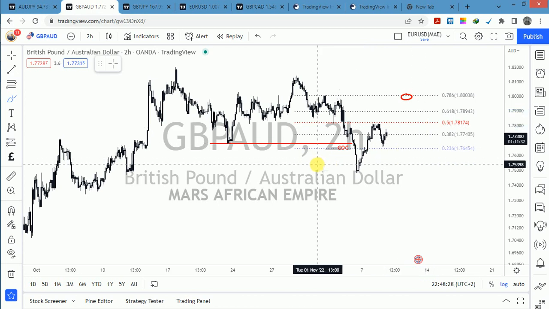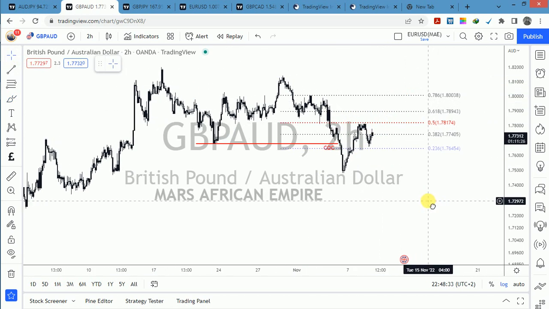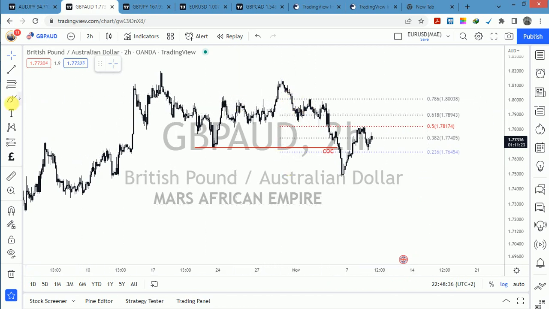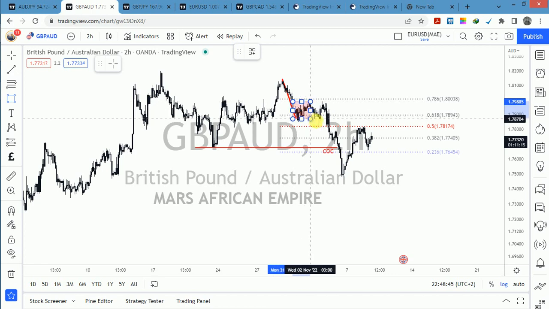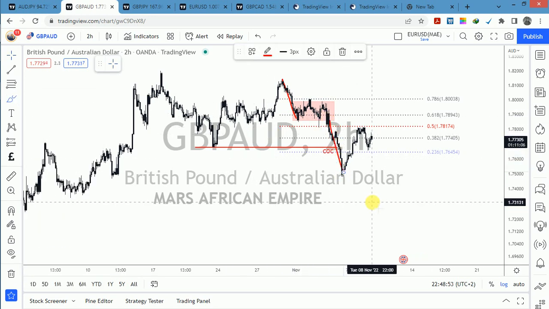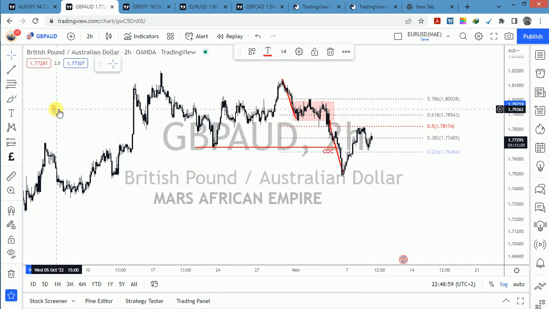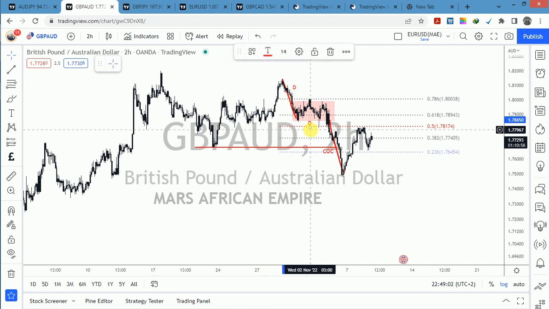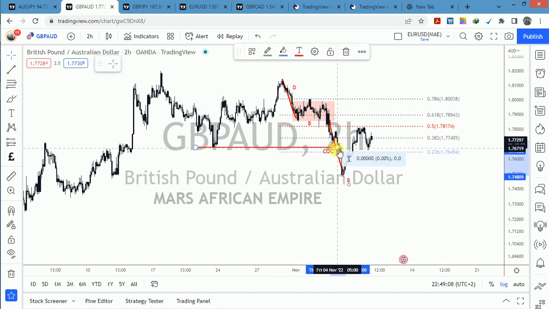Now, what we are going to do to determine exactly the one that we are going to use, we are going to apply this. This was a drop. From a drop, we have a base. We call this a base. And then from a base, we had another drop. So, a drop, and then a base, and then another drop.